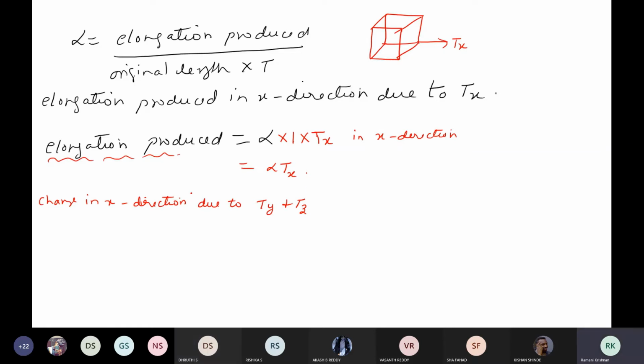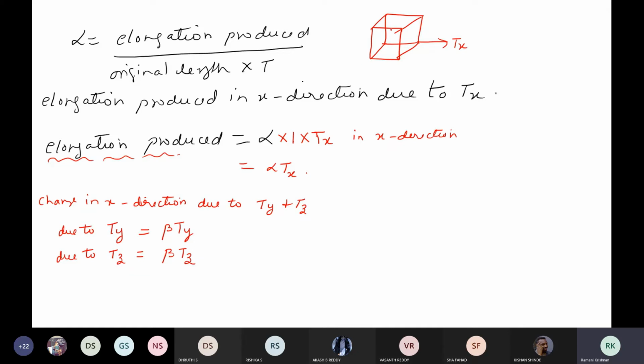Beta, ma'am. Beta. So due to Ty, it is going to be beta Ty, because we know that this tension is perpendicular. Due to Tz it is also beta Tz. Do you understand?